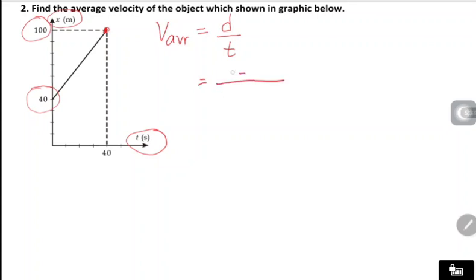The final point is at 100 minus 40 initial point divided by time 40 seconds. Then we get 60 divided by 40. Then we get this value is 1.5 meter per second. This is the average velocity. Next, number 3.